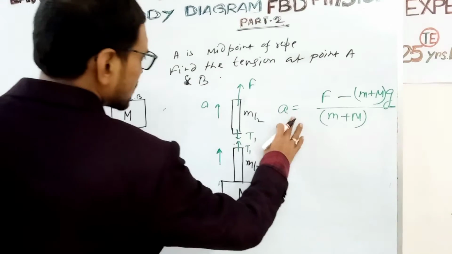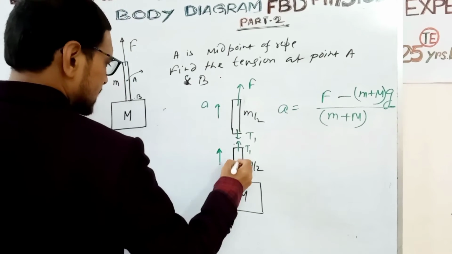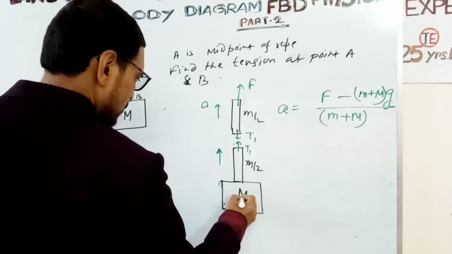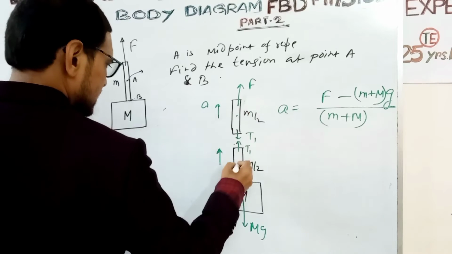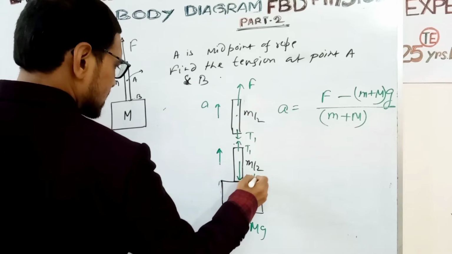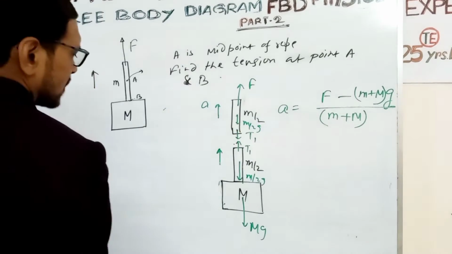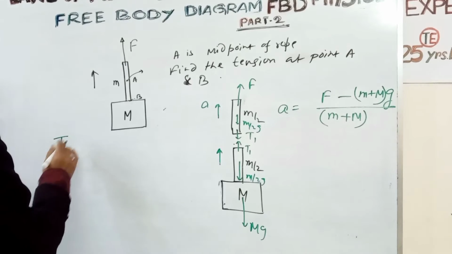First we find the acceleration of the whole system, F acting vertically upward, and here the tension of the string acts, here weight mg, here m by 2 g. Now what is the equation of this system?